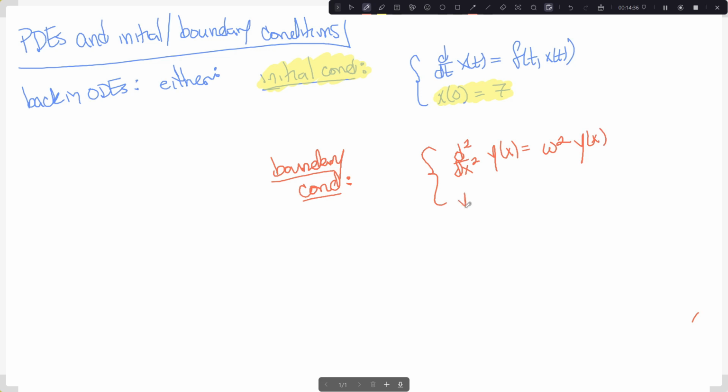And in this situation, you'd have something like y at -pi is equal to 0 and y at pi is equal to 0. And what this is referring to in a boundary condition sense is that the behavior of my solution y has 2 points which are fixed in space.